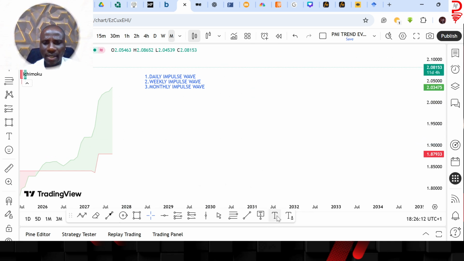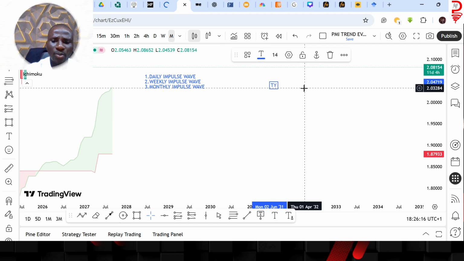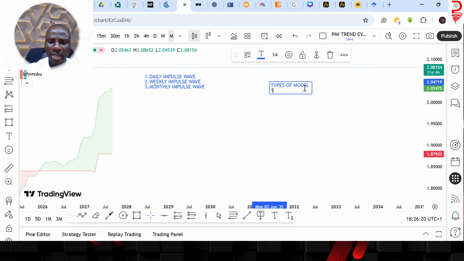Remember that I made mention of the three types of models that we trade at Potential Miners International. The first one is the project model, and this is where the monthly impulse wave comes in.